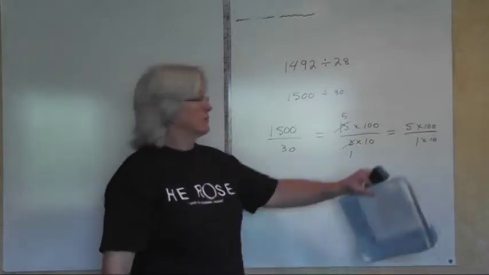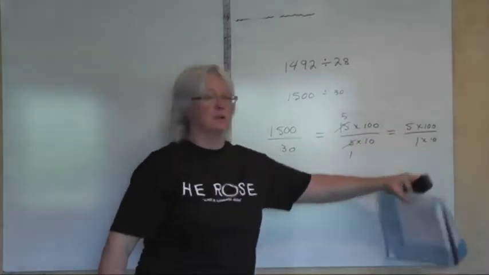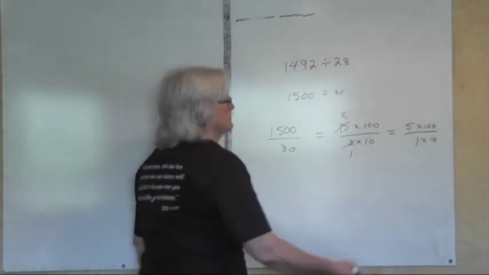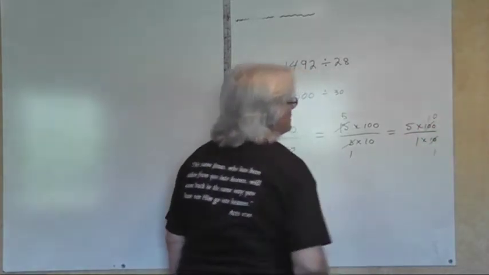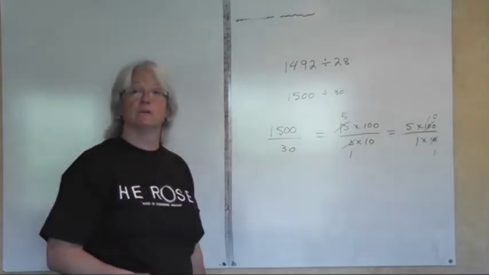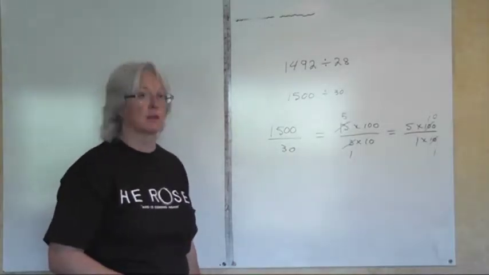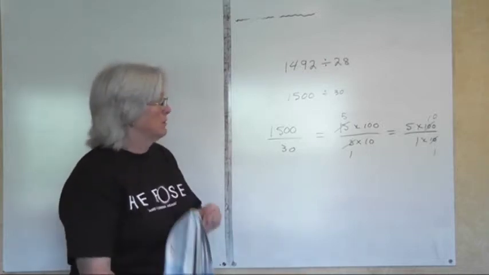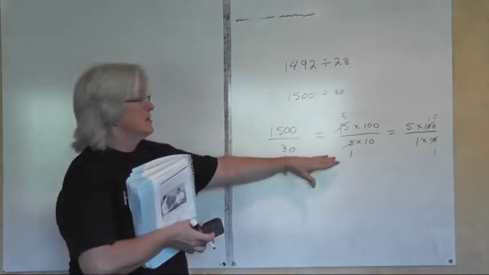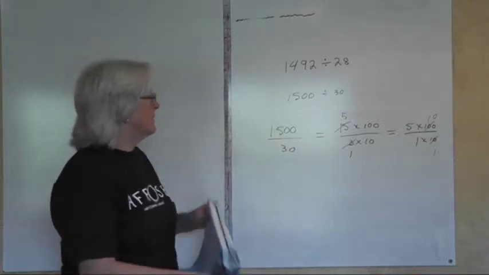You can see that there's a common factor of 10. You can cancel out a factor of 10 and 10. 10 times 10 is 100. There. All we have left now, 5 times 10. Okay. This really isn't a class on canceling, on reducing fractions, but this gives us a picture of how it might work.